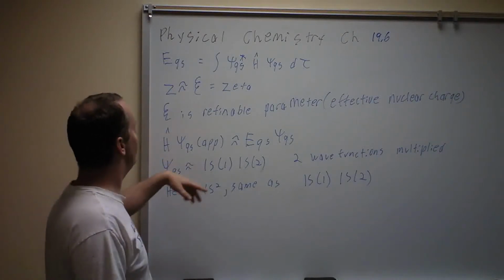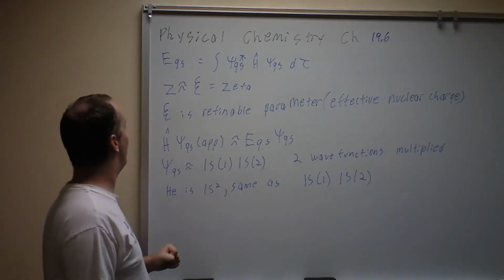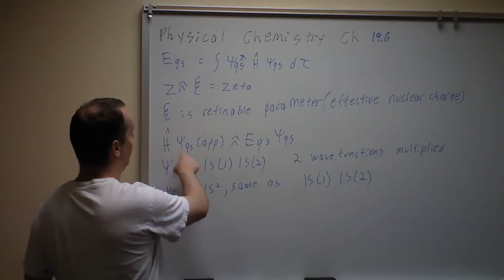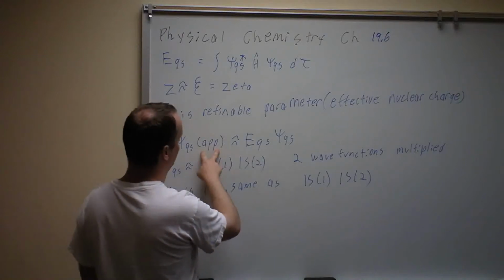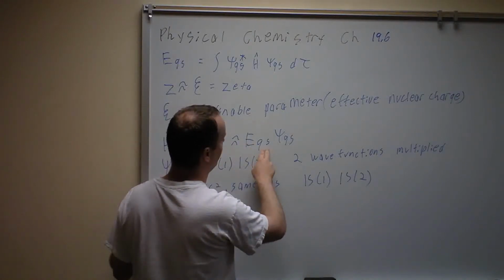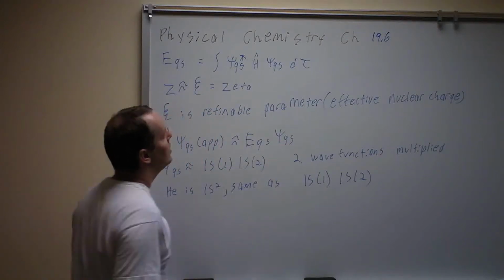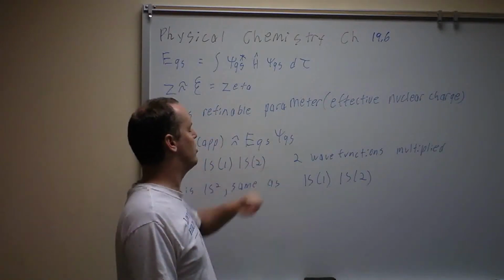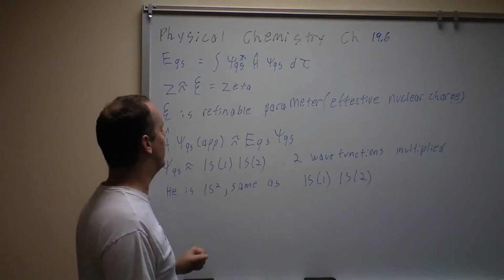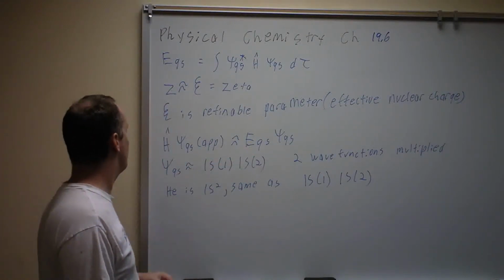Remember, we're trying to find the energy of the ground state. We're going to use an approximation. So we're going to put in the Hamiltonian of psi ground state using the approximation, and hopefully it's equal to the energy of the ground state times the wave function of the ground state. So see here that we're approximating now to hopefully get the correct energy for the ground state.